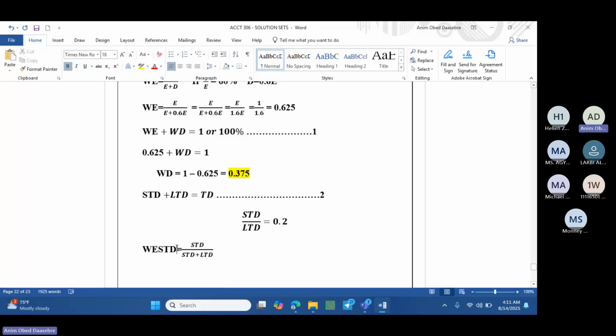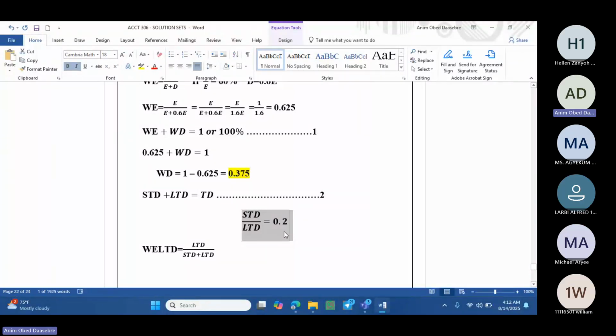Or better still, we can say the long-term debt. Let's find the value for long-term debt, so that we can use it to find the rate for long term.